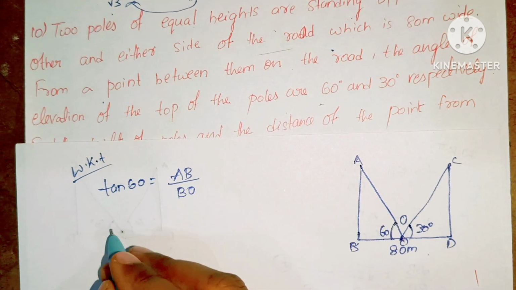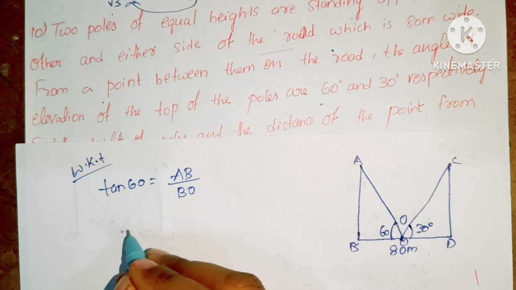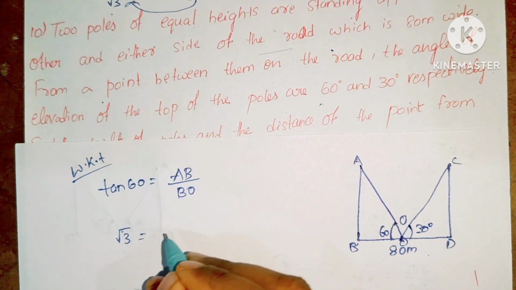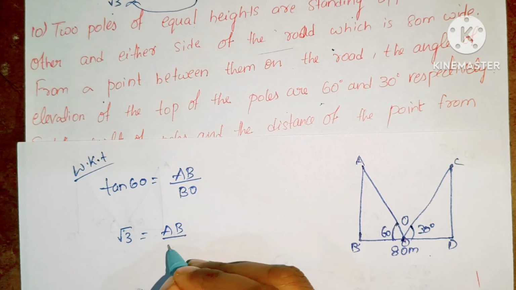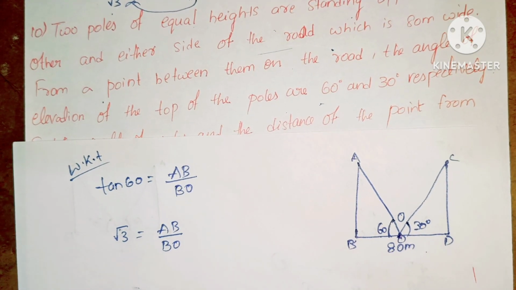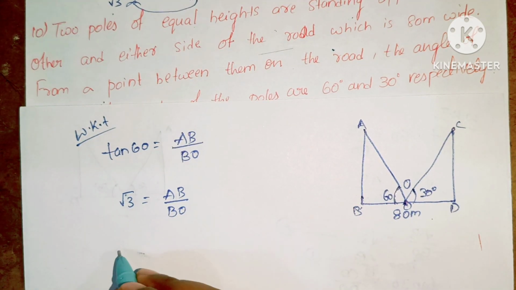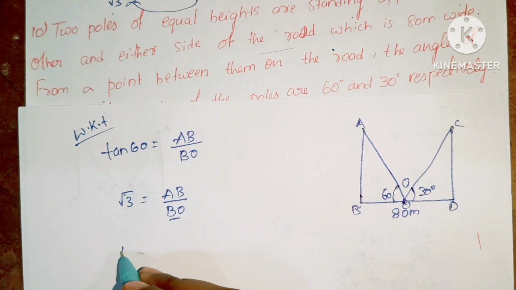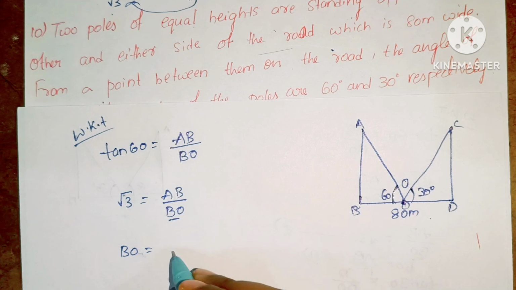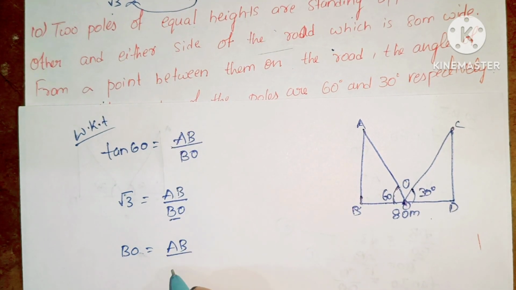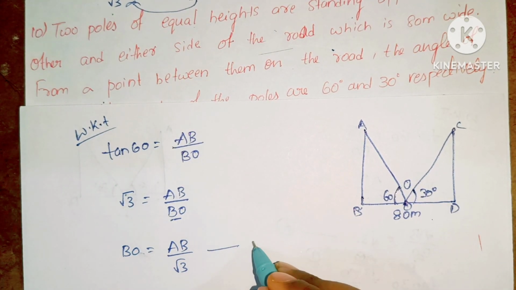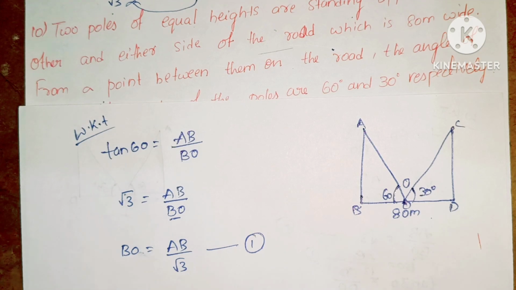Okay. So tan 60 value, how much? Root 3 equal to AB by BO. Okay. So I want BO, then I send BO to this side and root 3 to the other side. So BO equal to AB by root 3. Keep it as 1. Okay.